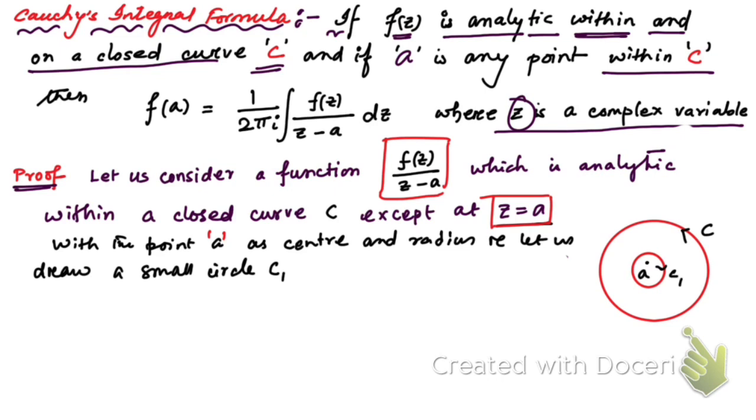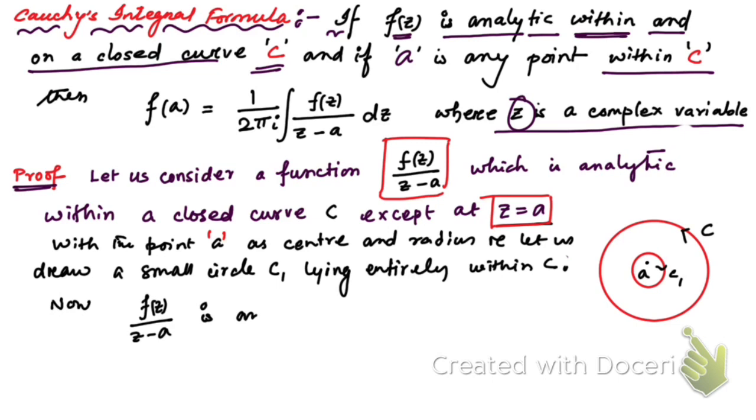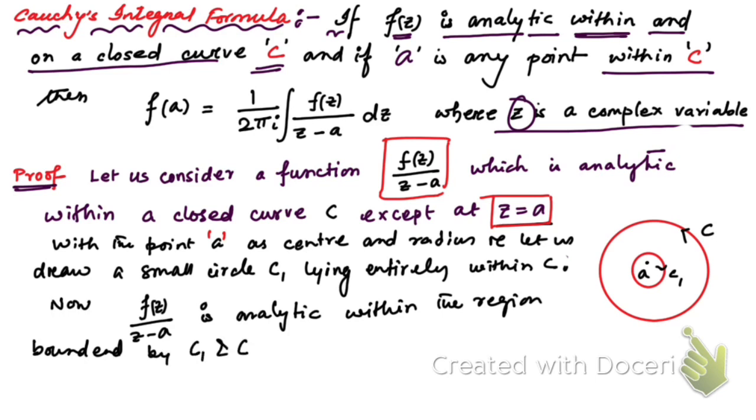And here you see it lies entirely within C. So now this function f of z by z minus a is analytic within the region bounded by C1 and C.